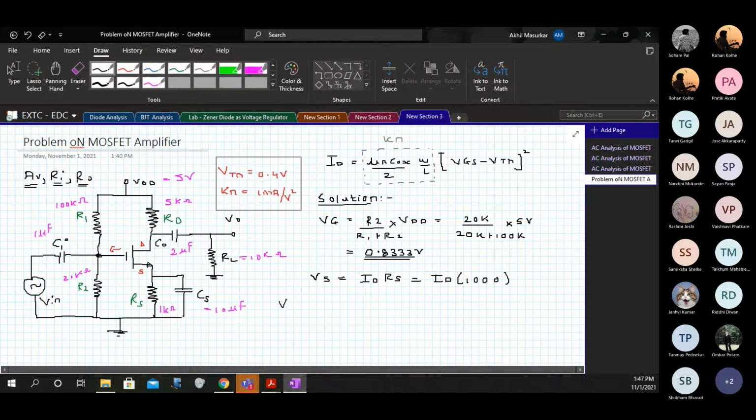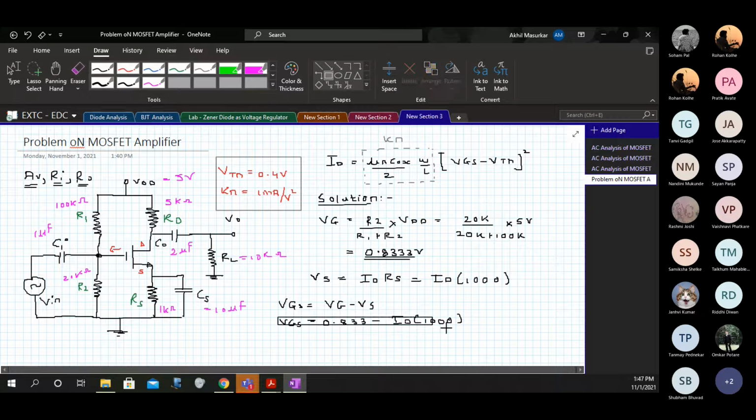So Vgs is going to be Vg minus Vs. That is going to be 0.833 minus Id into 1000. This is the value of VGS.